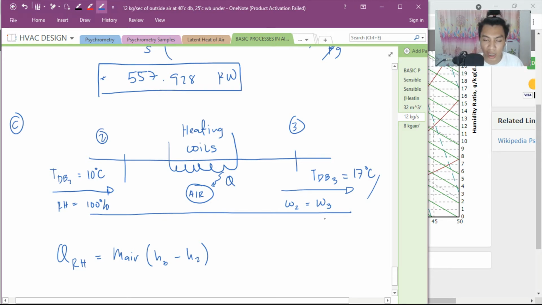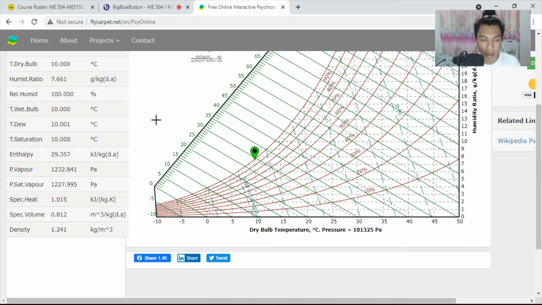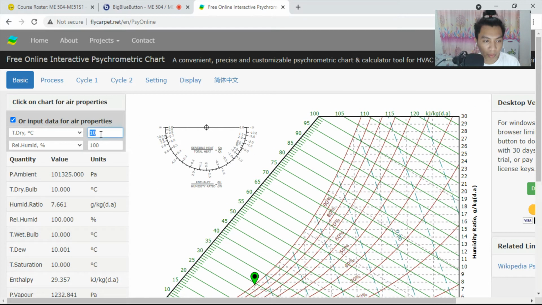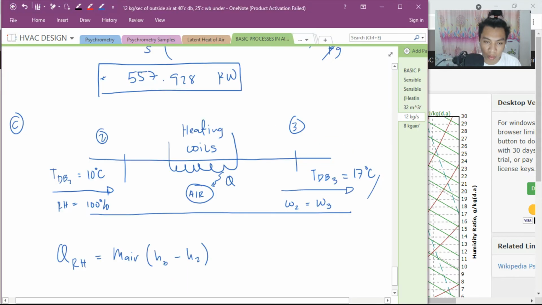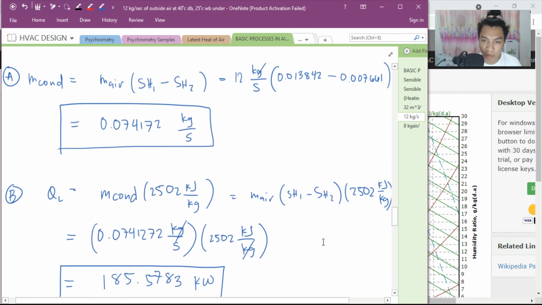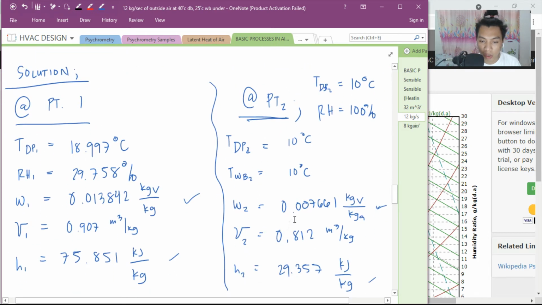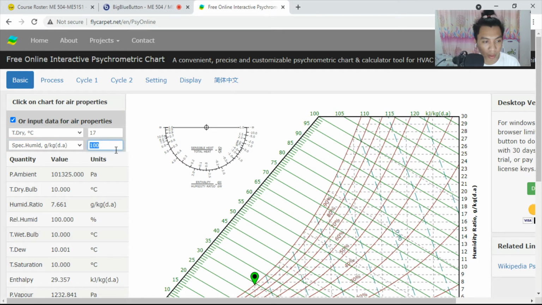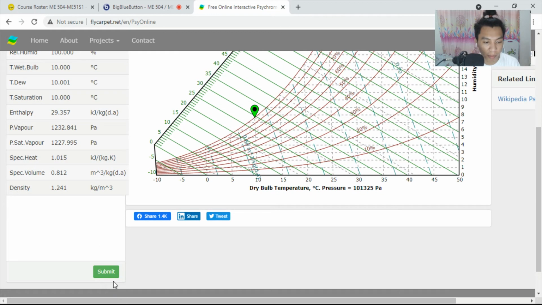Plot mo ulit sa iyong psychrometric. So, 17. Ano yung specific humidity nung pangalawa? Nahanap mo dyan. Dito sa 2. Ayan, 0.007, bali 7.661. 7.661. Hanapin mo na kagad.